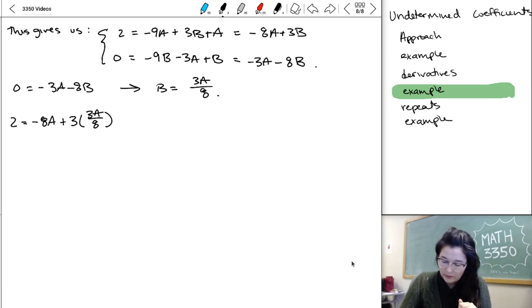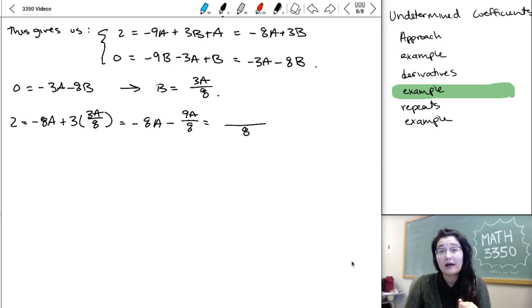And I can go ahead and work on simplifying that, minus 8a minus 9a over 8. I want to combine those into one fraction that's divided by 8.